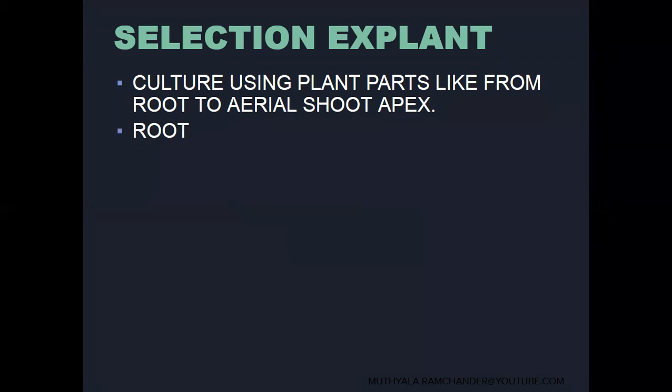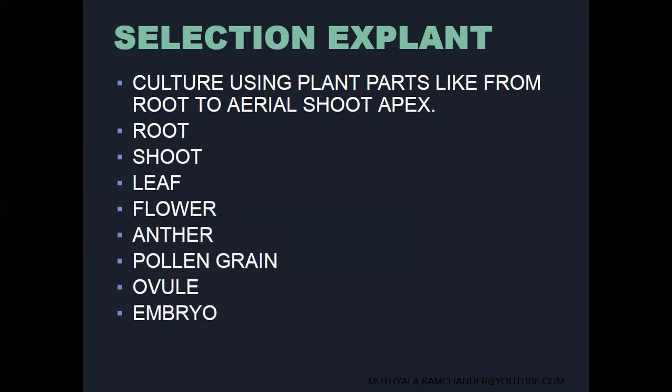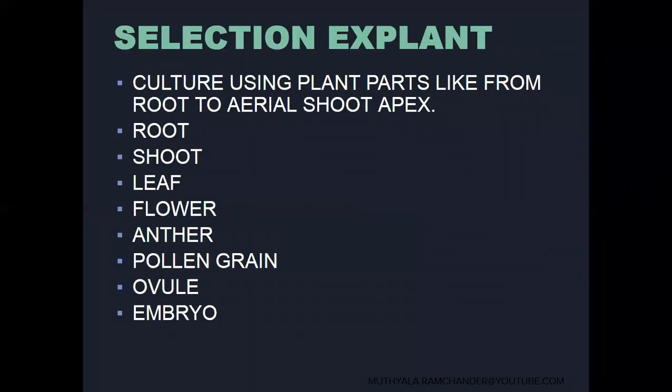Explants are cut or selected from the roots, shoots, leaf, flower, anther, pollen grains, ovule, and embryo. These are the main parts used for the selection of explant.